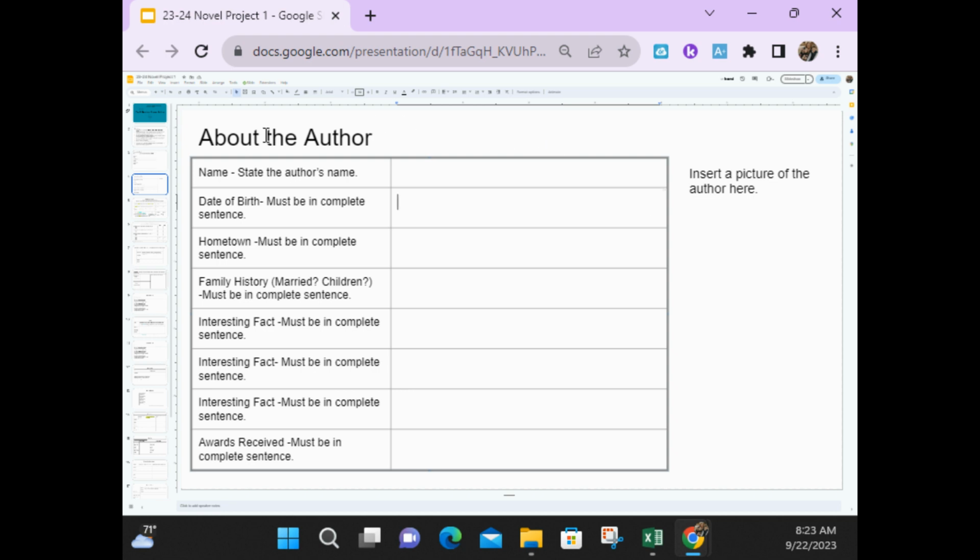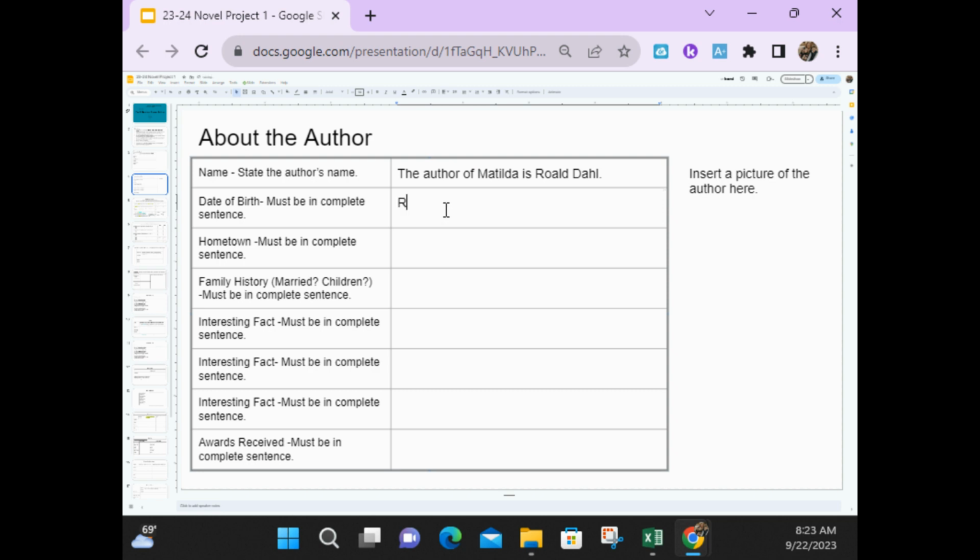All right, about the author. The author of Matilda is, and what do I need to do? Put that in italics.